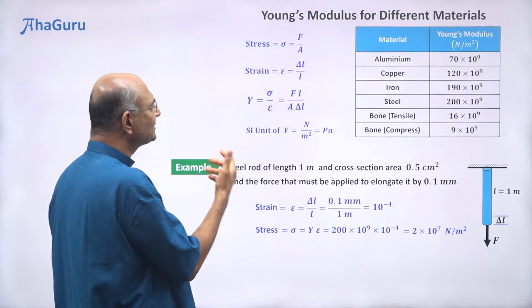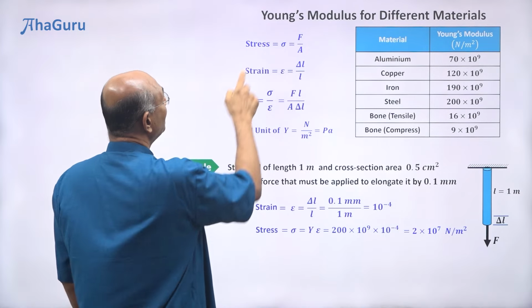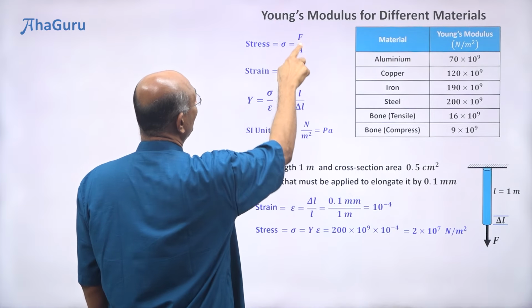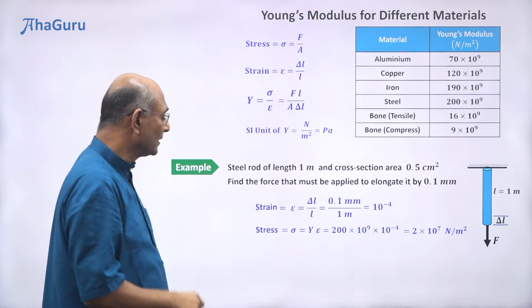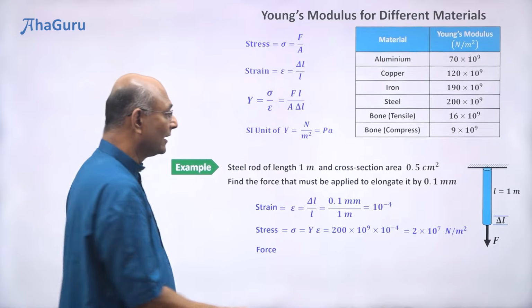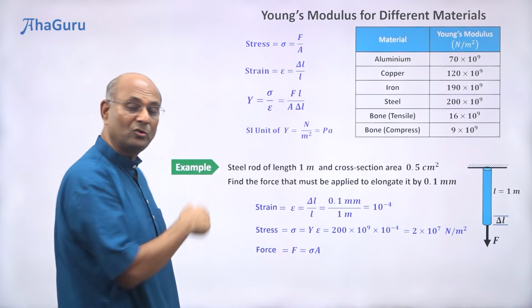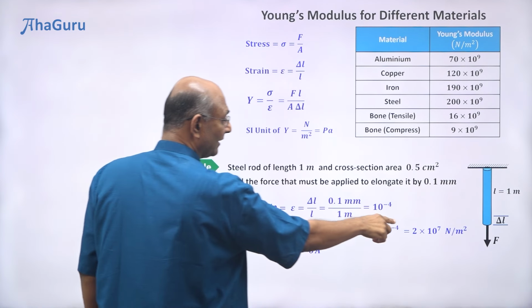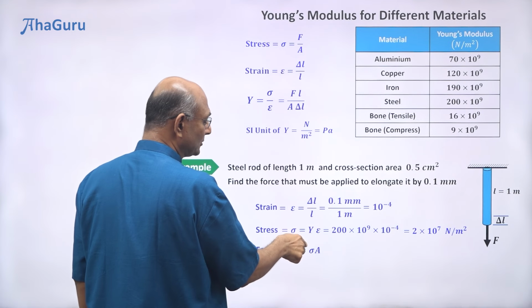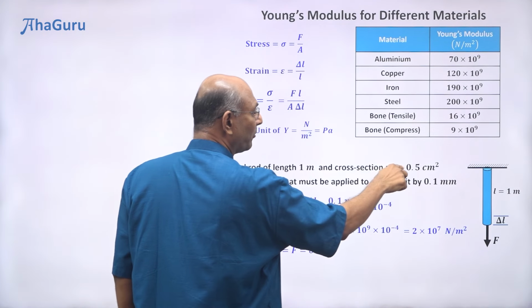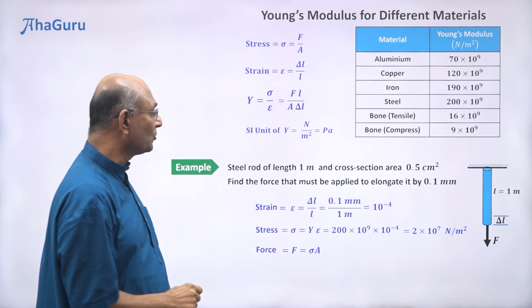The question is not asking for stress. The question is asking for force. But once you know what is the stress value, force is just simply stress into area. So the force that we need, how much force F must you apply? Well, it is sigma into A. Now sigma, I know the value, 2 into 10 power 7. But what is area? 0.5 centimeter square, convert to meter square.